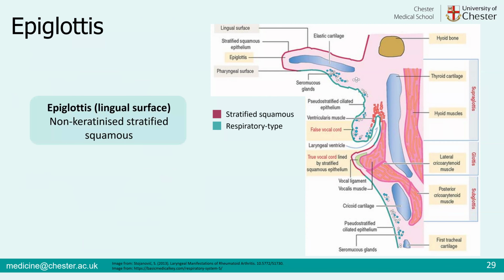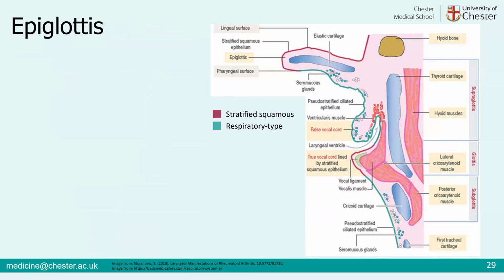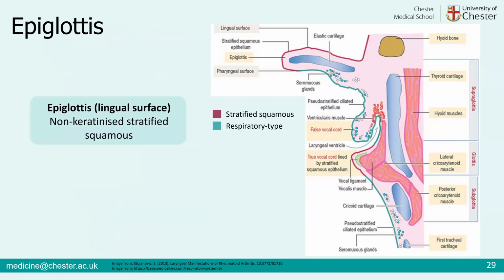On the lingual side, if we think about when we're swallowing food, when that little epiglottis folds over, it's the lingual surface that's going to have the food bolus passing along it, right? Passing past it. So the lingual surface is a non-keratinized stratified squamous epithelium because of that abrasive process.